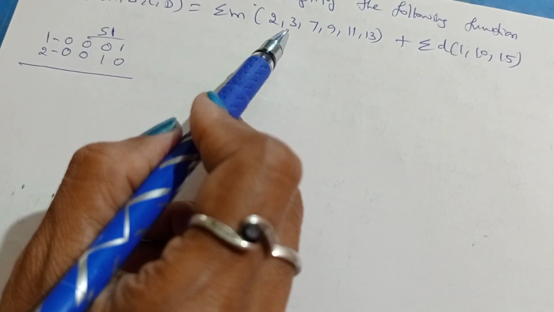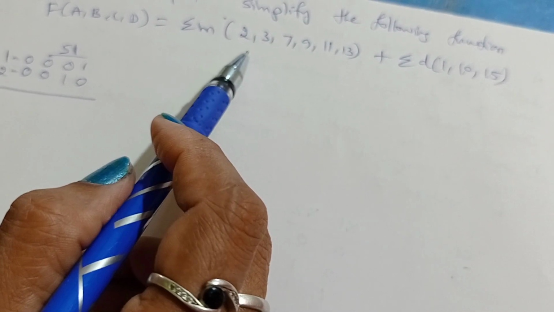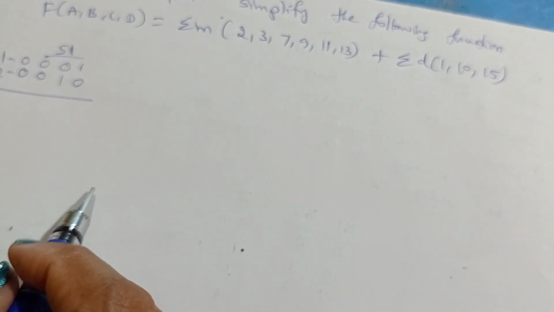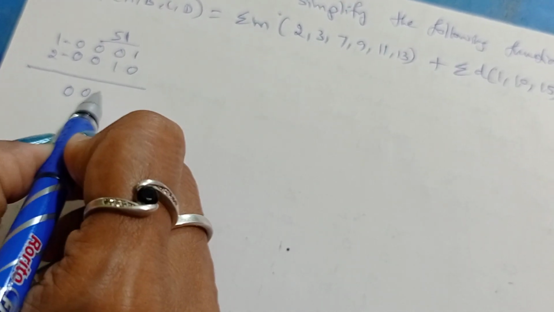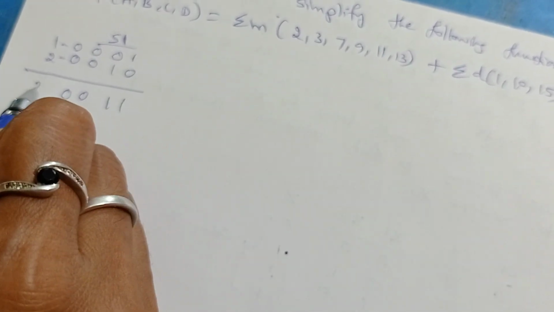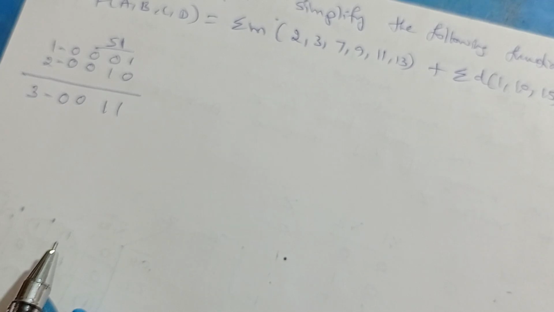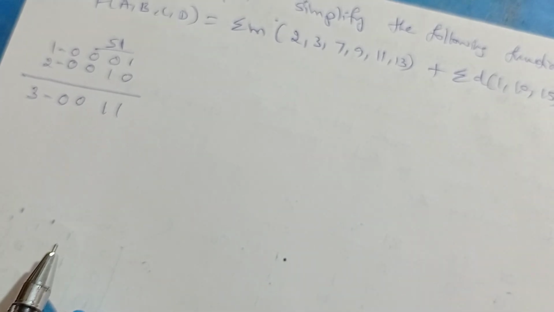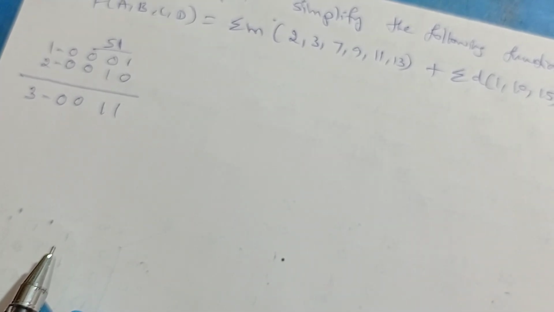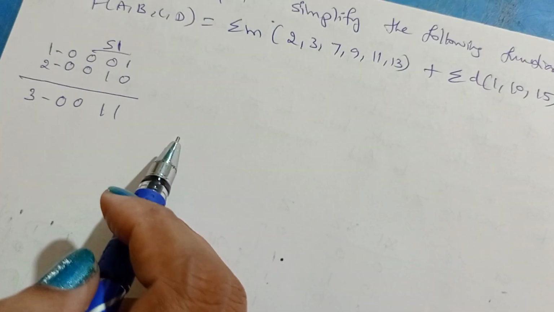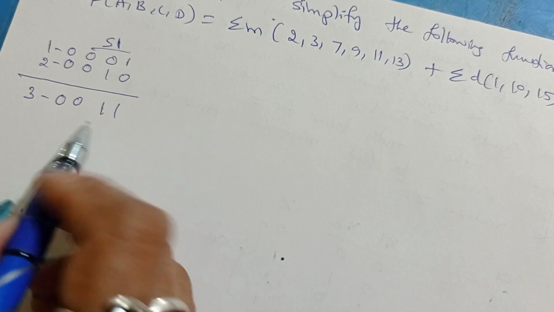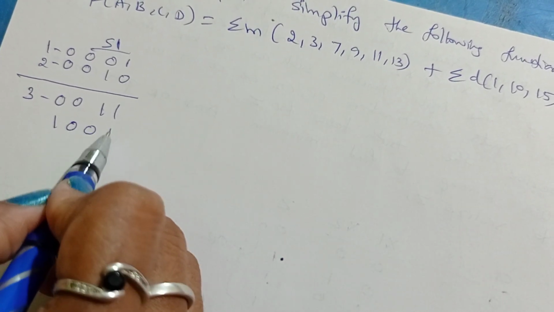Next 3. In 3 we'll be having 2 ones. That is 0, 0, 1, 1. It is 3. Next, 9 will have 1, 0, 0, 1.